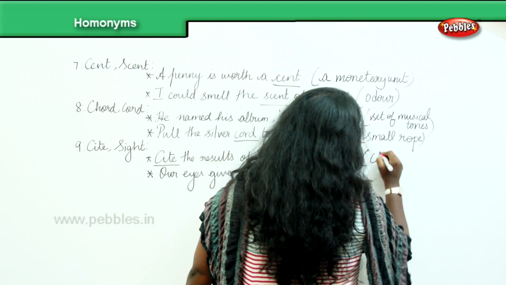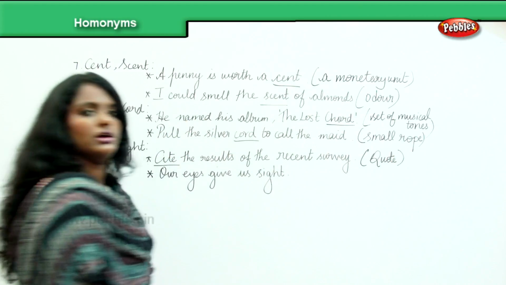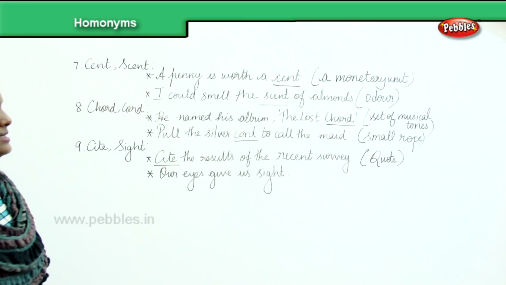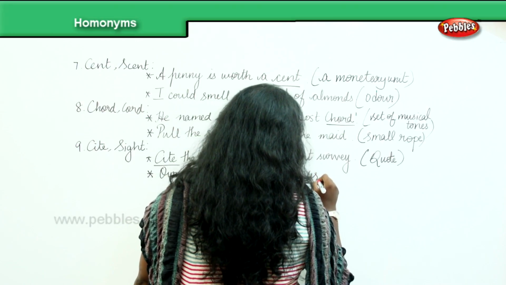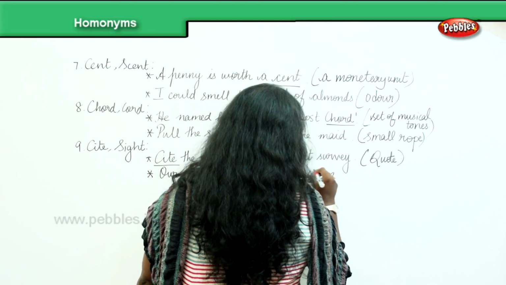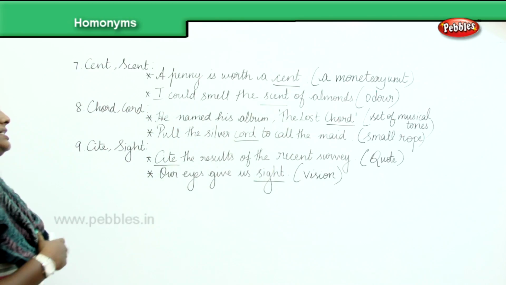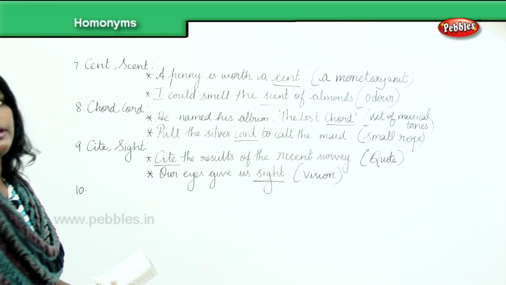It means quote the results of the recent survey. Our eyes give us sight. So this sight means vision. So that is the difference between CITE and SIGHT, even though they sound the same.